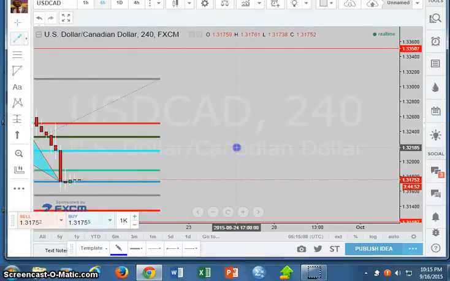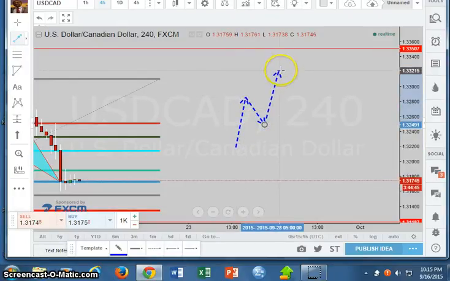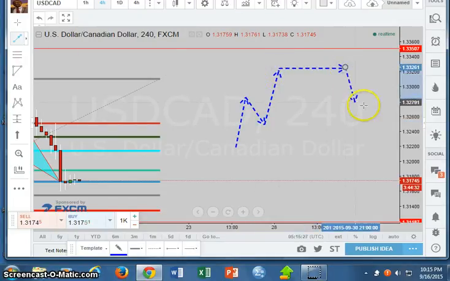right? So you have an initial structure high, an outside return, and then you have a new structure high. This symbolizes an ABCD pattern. So it's A, B, C, D point completion. It's where we say price action is most likely to turn to the downside.